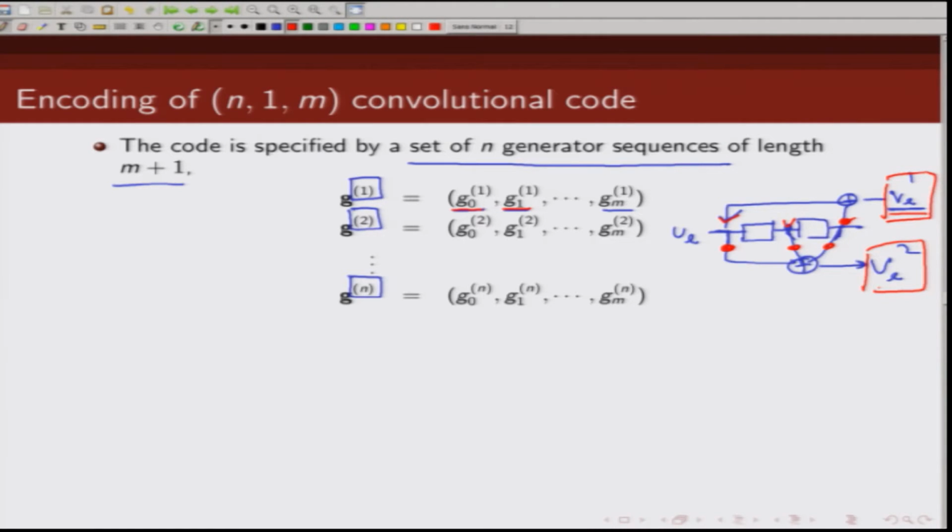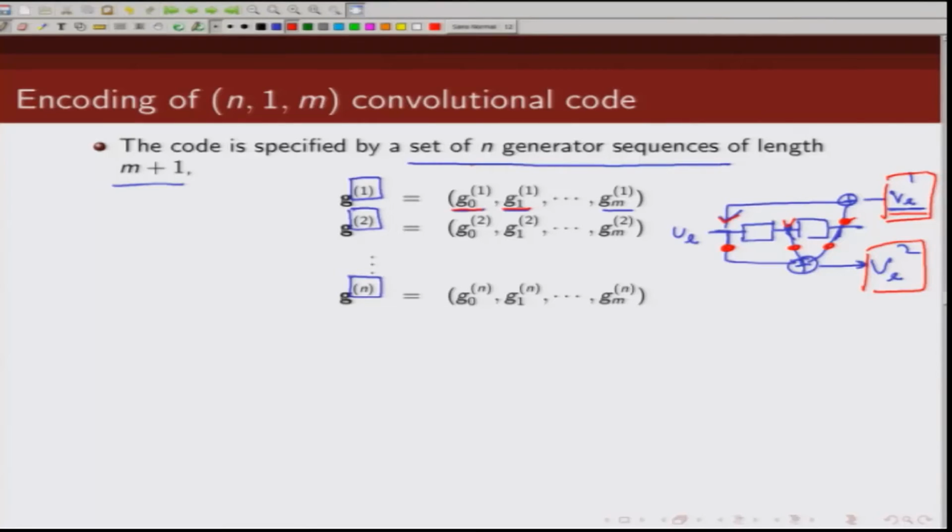So, you can see if you have a rate 1 by n code whose memory is m, then we can completely specify that code using a set of n generator sequences, where each of these n generator sequences corresponds to one of the output sequences, and each generator sequence is of length m plus 1, specifying the interconnections of ul, ul minus 1, ul minus 2 up to ul minus m.